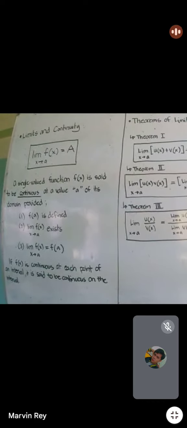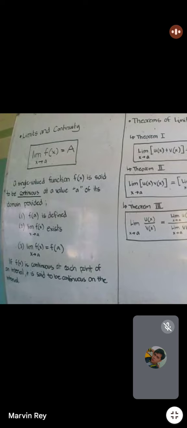One of the characteristics: f(x) has two values, the x and y variables. So for every value of x there is also a corresponding value of y, therefore this is equal to f(x).